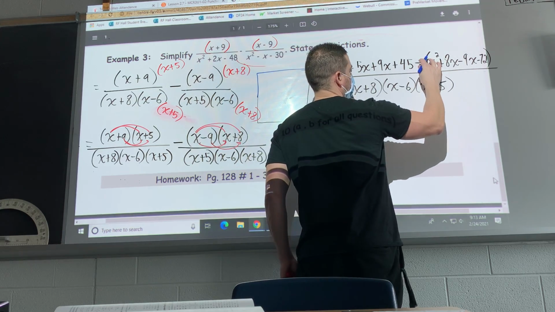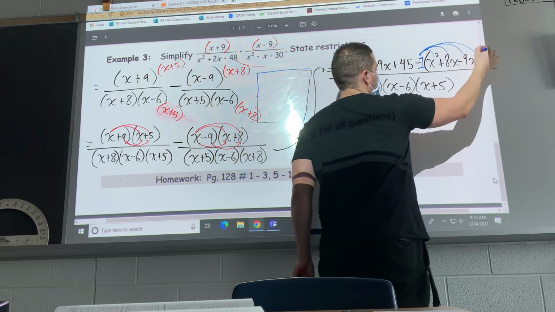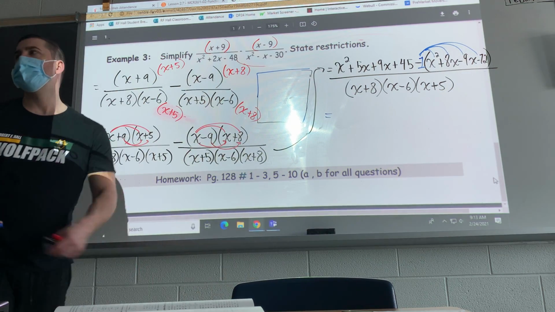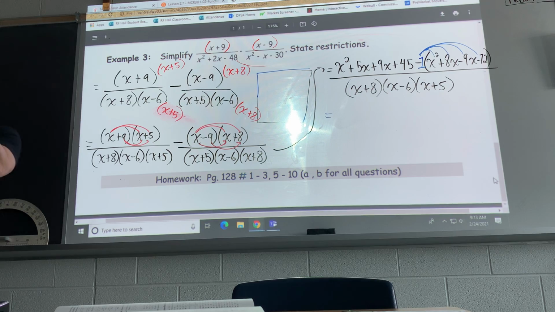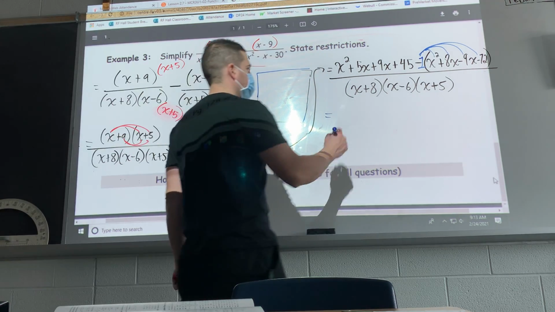So this negative here, or the subtraction, is a -1 that gets distributed to all the terms. Okay? If you want to, you can simplify inside the bracket first and then distribute the -1, but it doesn't matter.